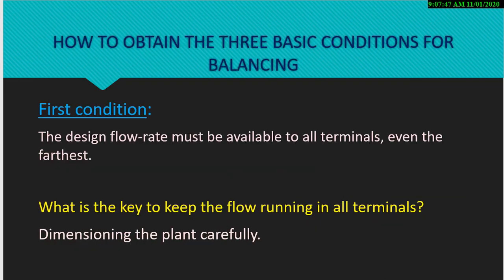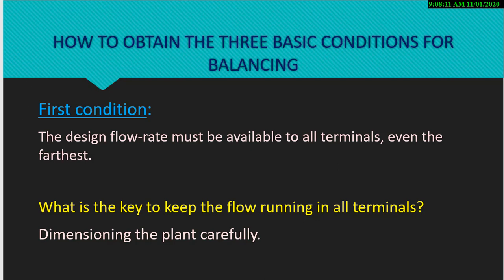So let's go through how to obtain the three basic conditions for balancing. The first condition, the design flow rate must be existing in all terminals, even the furthest one. The key to maintain this condition is by dimensioning the plant carefully.